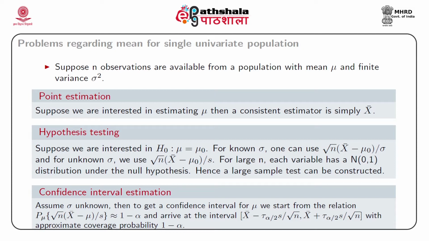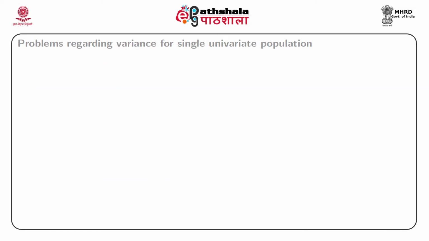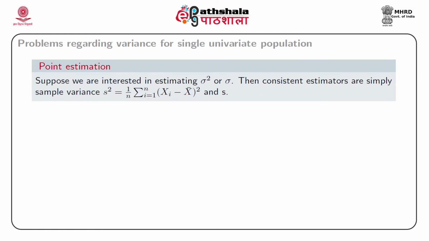Therefore, we get a random interval having approximate coverage probability 1 minus alpha, and therefore using large sample techniques we arrive at a confidence interval with desirable coverage probability, at least for large n. Our next problem is regarding variance for a single univariate population. We start with point estimation.